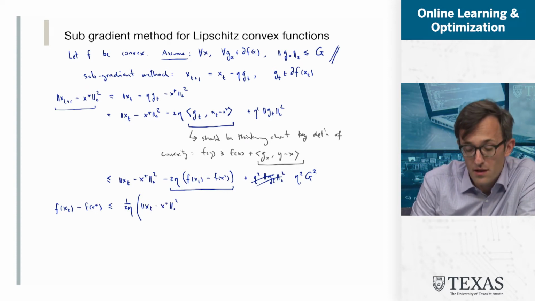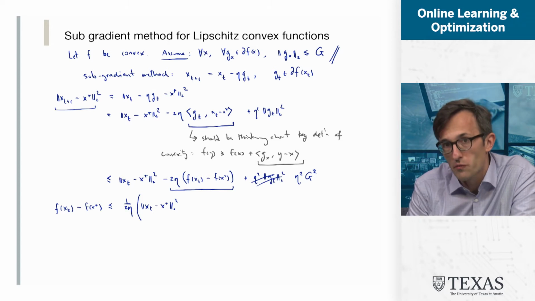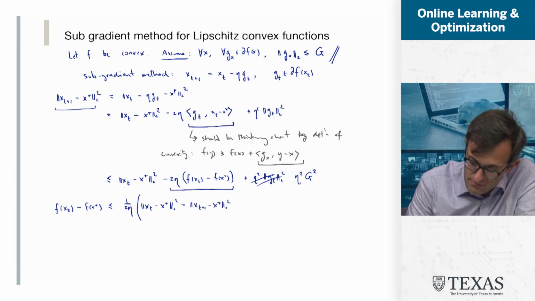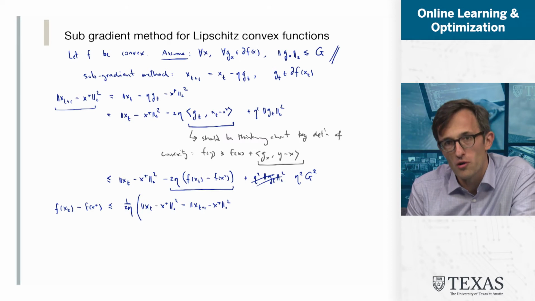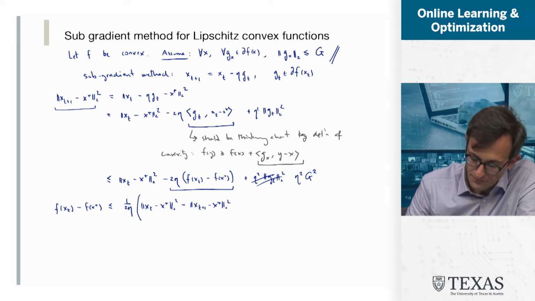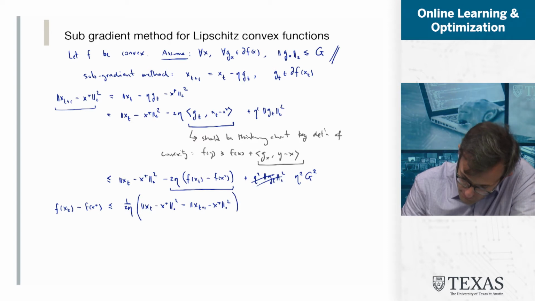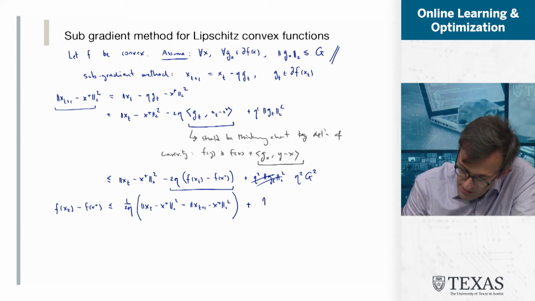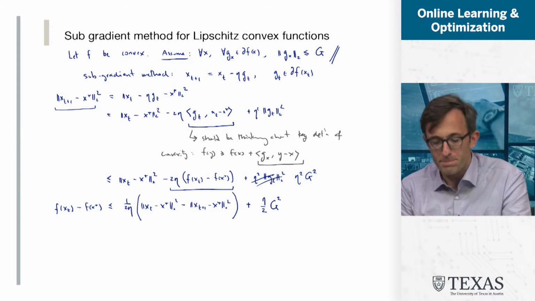I have the term that I subtracted, that I brought over from the left-hand side with a negative sign, xt plus 1 minus x star squared. And then I had the third term on the right-hand side from before, my eta squared g squared. And eta squared divided by 2 eta is going to give me eta over 2 times g squared.